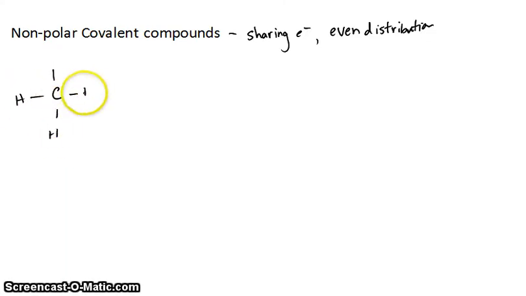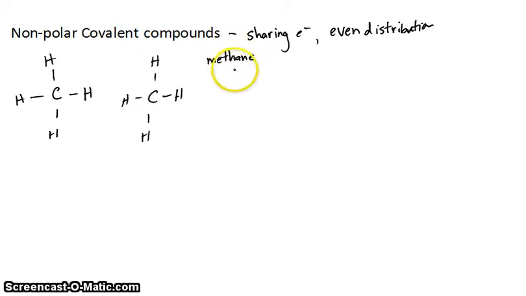I'm going to intentionally not draw these in 3 dimensions, just in 2 dimensions. It makes the diagram easier to look at. So this is methane, CH4. Write that down so you'll know it. It's the main component of natural gas.